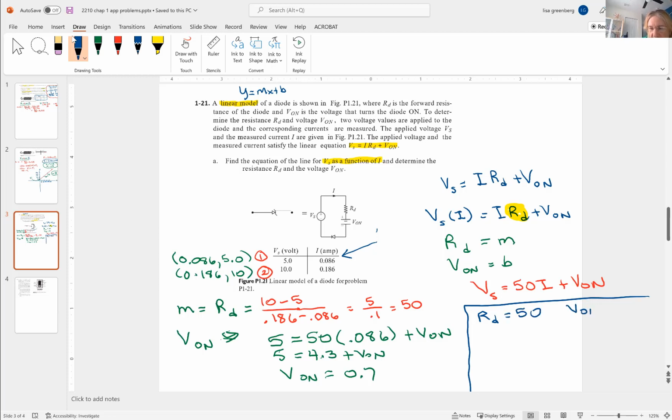V on we found to be 0.7. And the equation for my line is V sub S is equal to 50I plus 0.7. And that takes care of that problem.